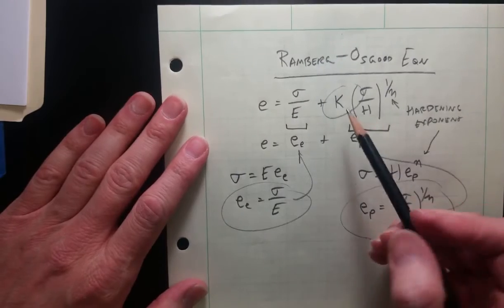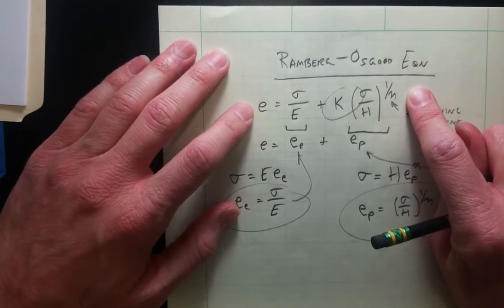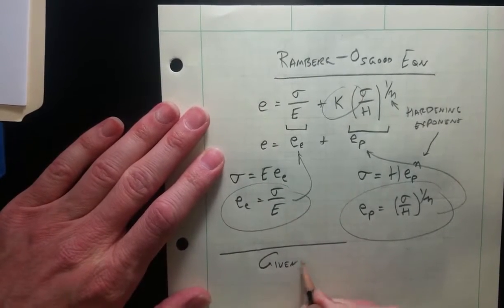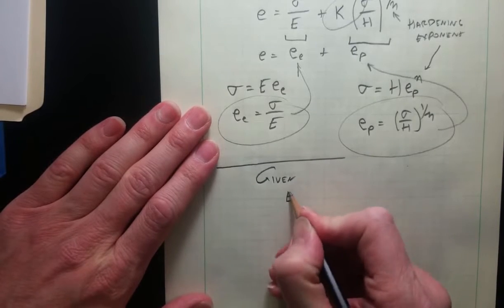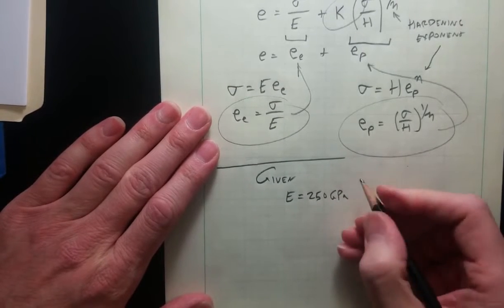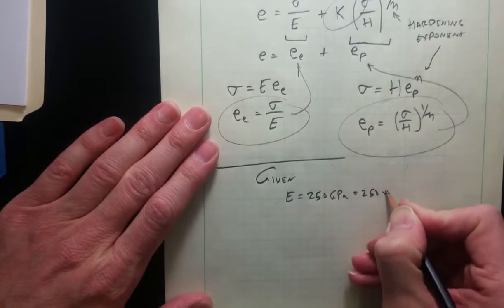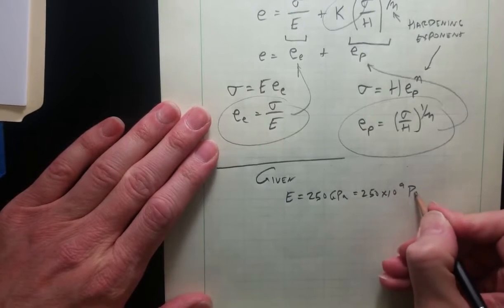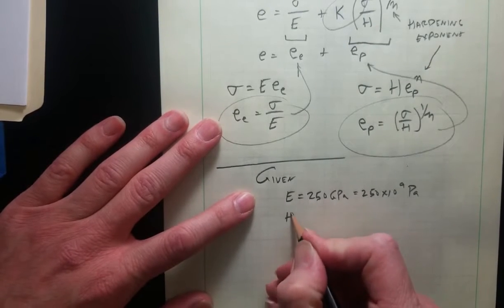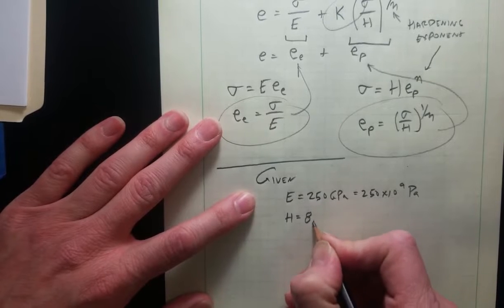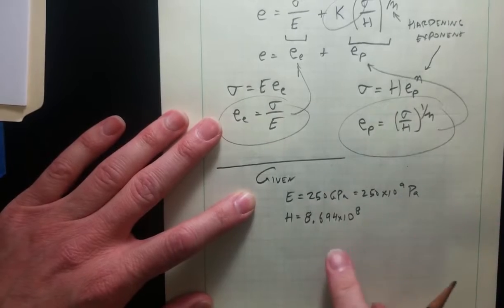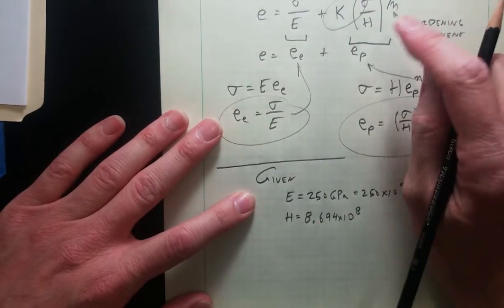So let's say that I gave you a Ramberg-Osgood equation, and I said, okay, given that the Young's modulus is 250 gigapascal, which is 250 times 10^9 Pascal, and given that this H coefficient is 8.694 times 10^8, and I'm not going to talk about where these come from.